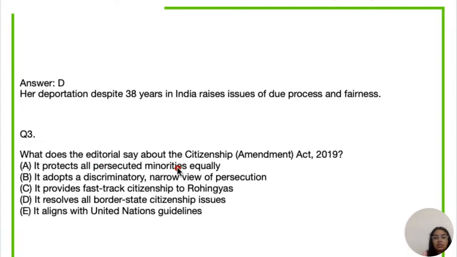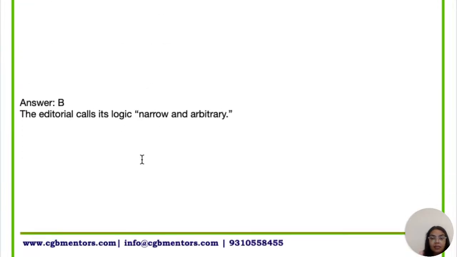What does the editorial say about CAA 29? It adopts a discriminatory narrow view of persecution, जो कि 6 लोगों के बारे में जो बताया भी गया है. For the third one, answer is B.